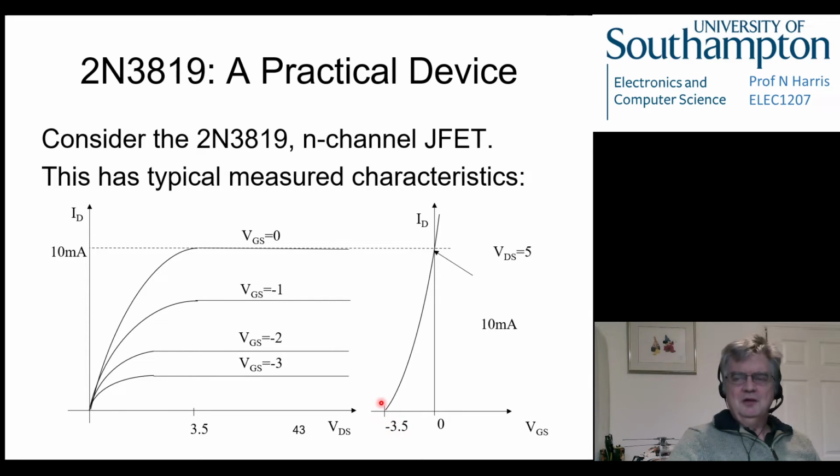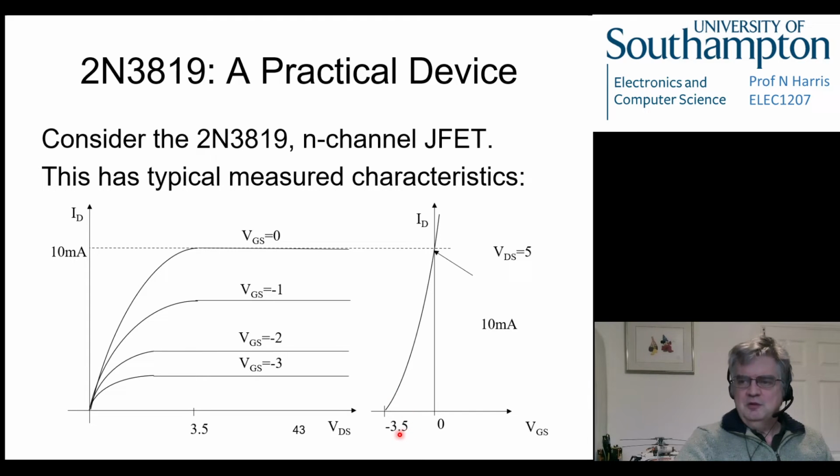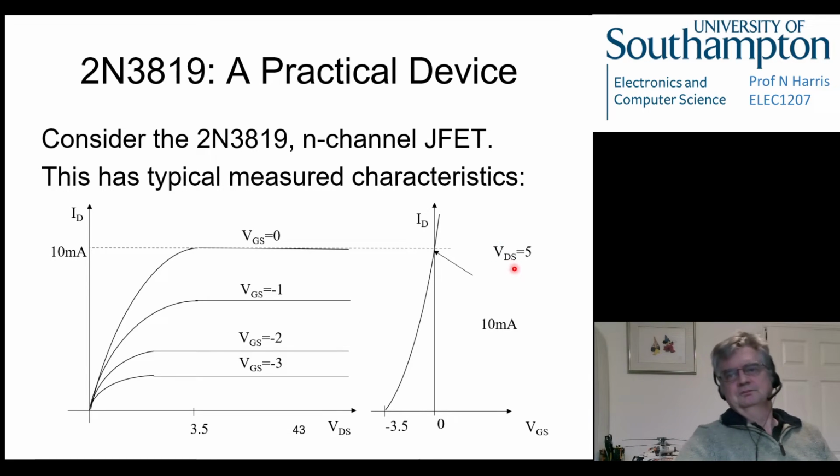So we're talking about a logic level sort of device really. So minus 3.5 volts on the gate will turn it off. 0 volts on the gate will turn it on to its maximum, and that will give us 10 milliamps of current, and then in between we've got these various different characteristics. And this has been done with the VDS, a supply voltage of 5 volts. Just to give you an idea of what's going on, just typical small values.